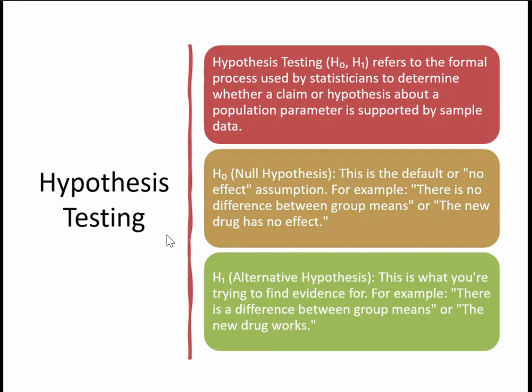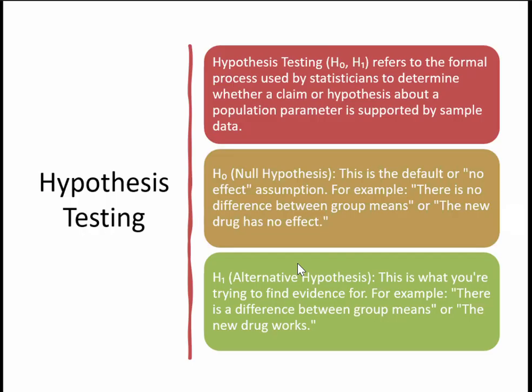Then we have what we call the alternative hypothesis. The alternative hypothesis is the claim that we want to prove or find evidence for. For example, in the explanation Joshua gave us was exercising. I don't remember exactly what it was, I'm just going to use my own. Exercising increases blood circulation.